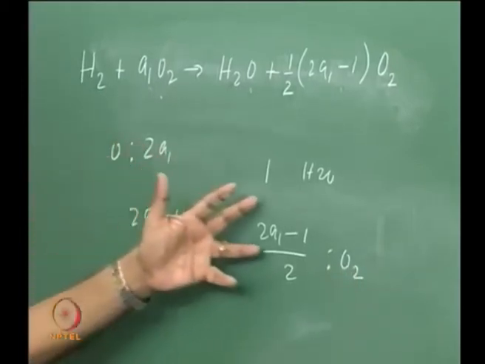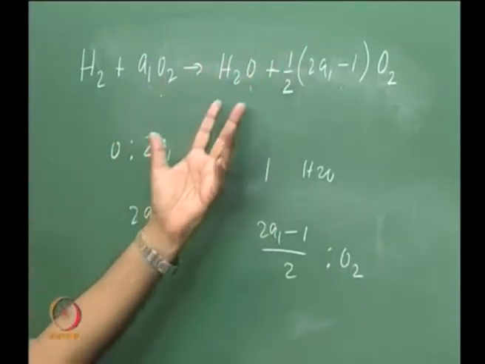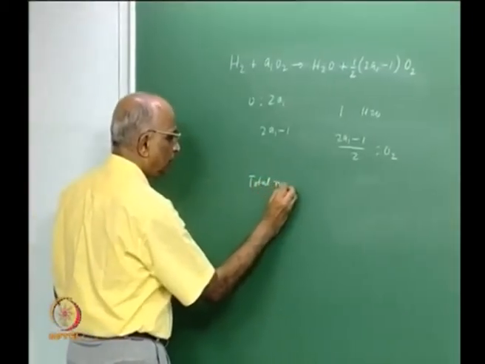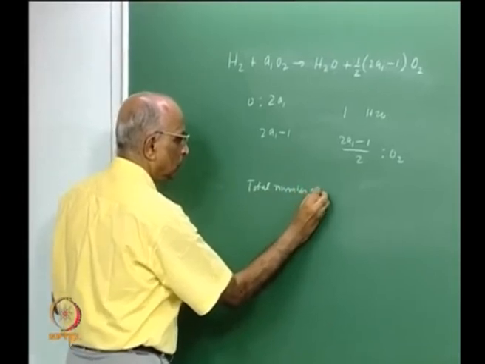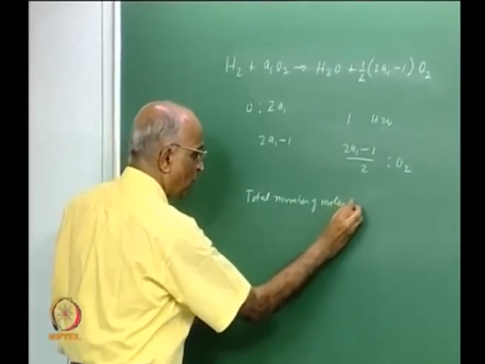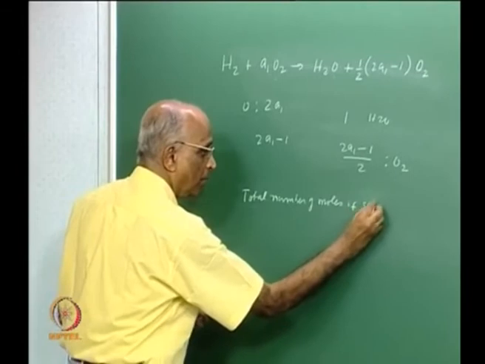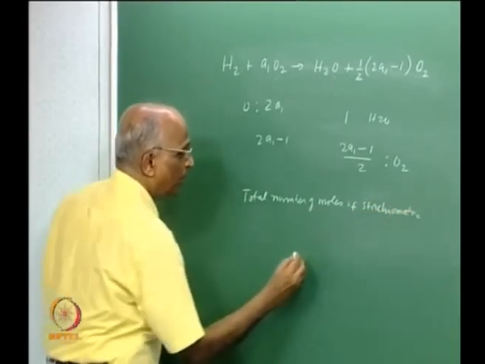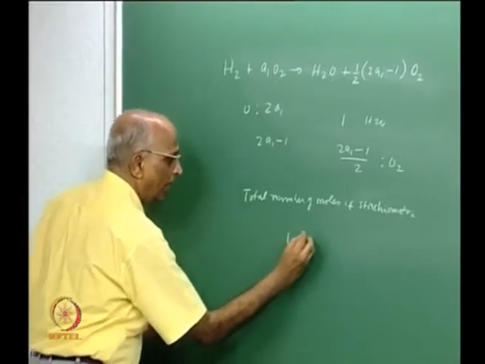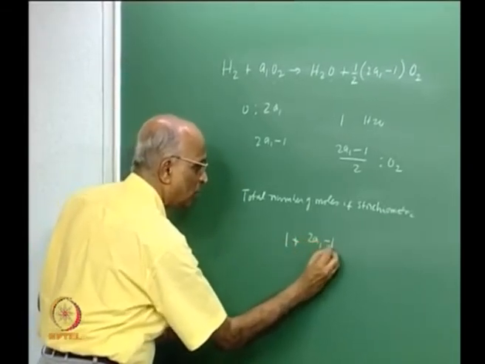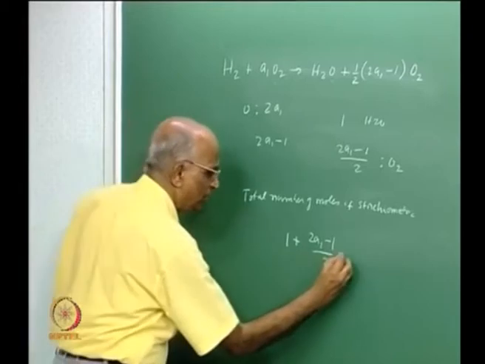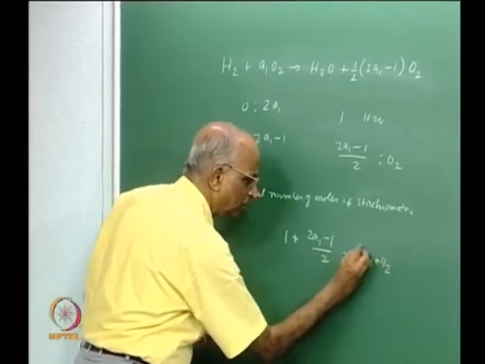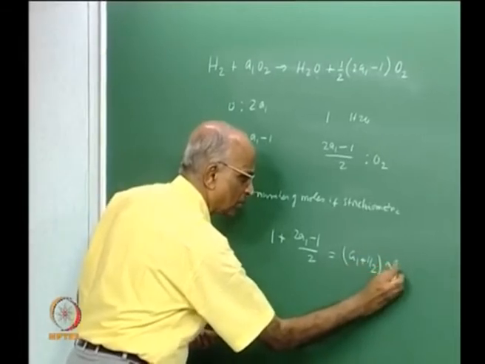Therefore, the total number of moles of products according to this reaction, if stoichiometric, is going to be 1 plus 2 A1 minus 1 divided by 2, which is equal to A1 plus half in the products.